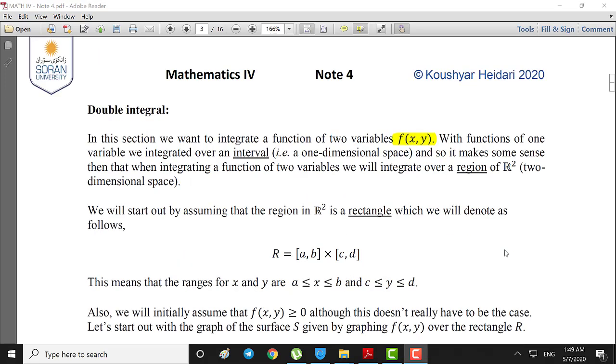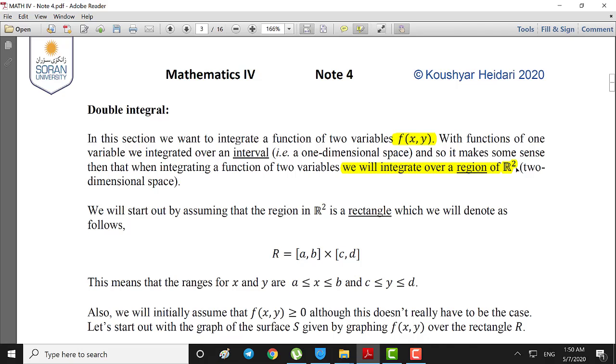Besides having a double variable function, we assume that we are integrating over a region instead of an interval. We will integrate over a region of R2. R2 is the same as the xy plane, okay? And we are integrating our double variable function f of x and y over a region of R2.